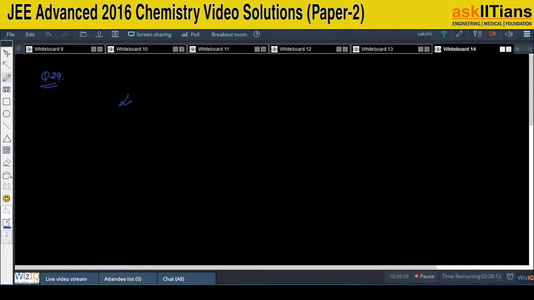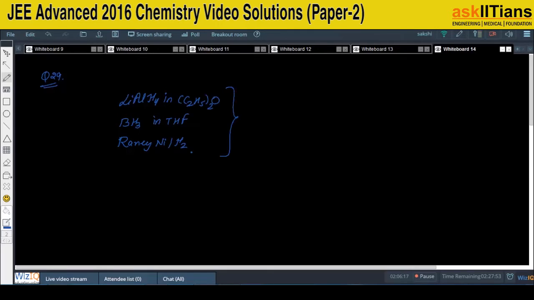The first is LiAlH4 in C2H5 twice O. Then you have BH3 in THF, and then Raney nickel in the presence of hydrogen.